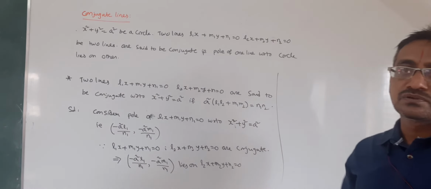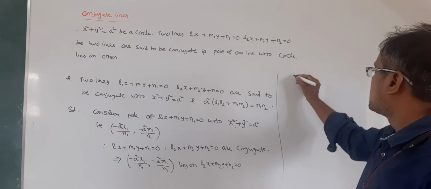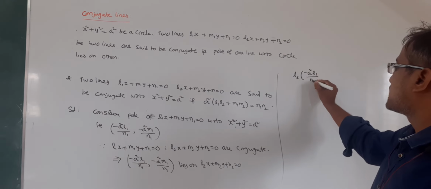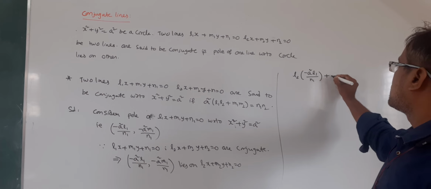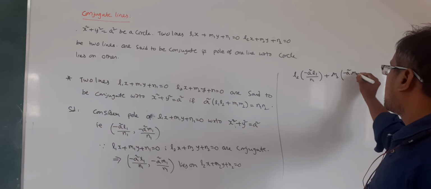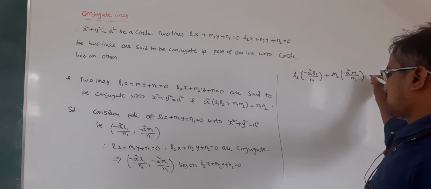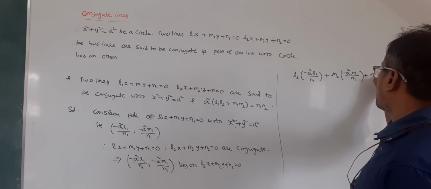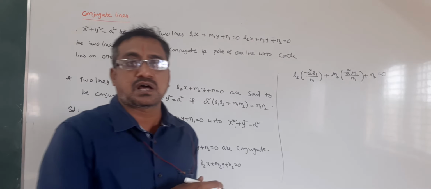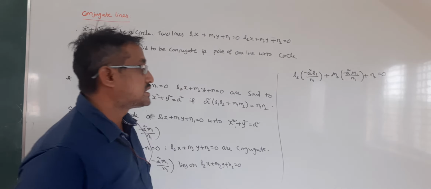Now let us substitute that point on this line. That is L2 × (-a² L1/N1) + M2 × (-a² M1/N1) + N2 = 0. We have substituted that pole on the other line.